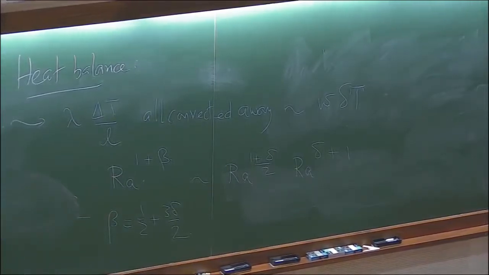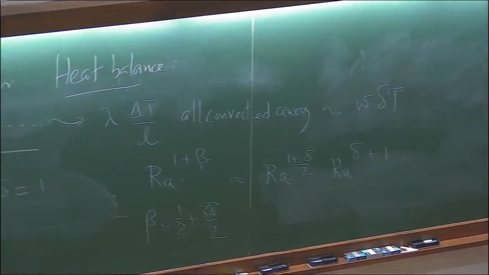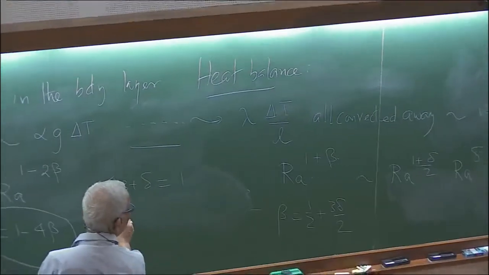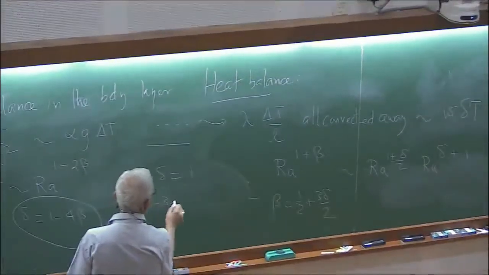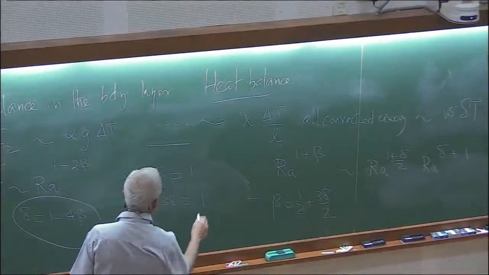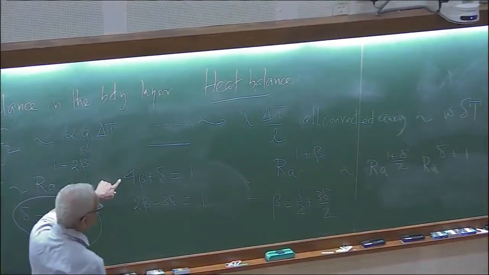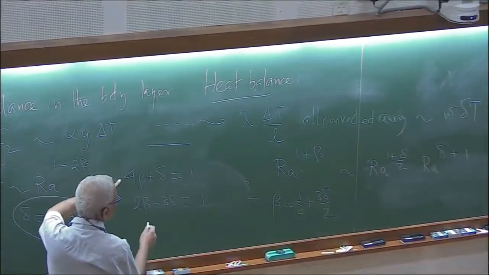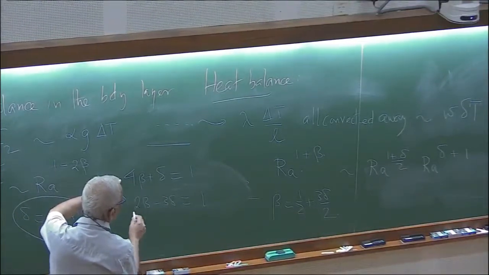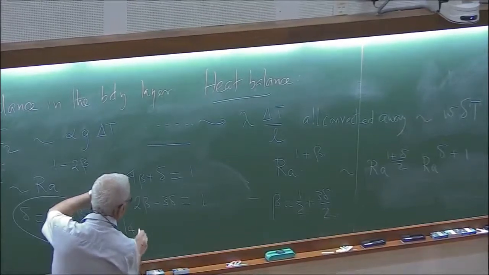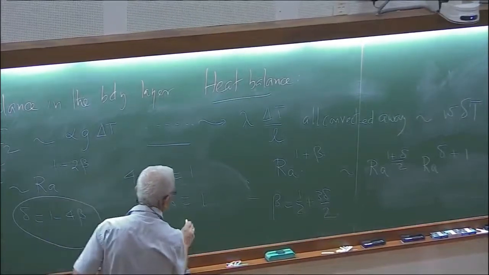So there we are. I have 4 beta plus delta equals 1. And from here, I have 2 beta minus 3 delta is equal to 1. So I multiply by 3 over here and add. If I multiply by 3 and add, that is 14 beta is equal to 4.